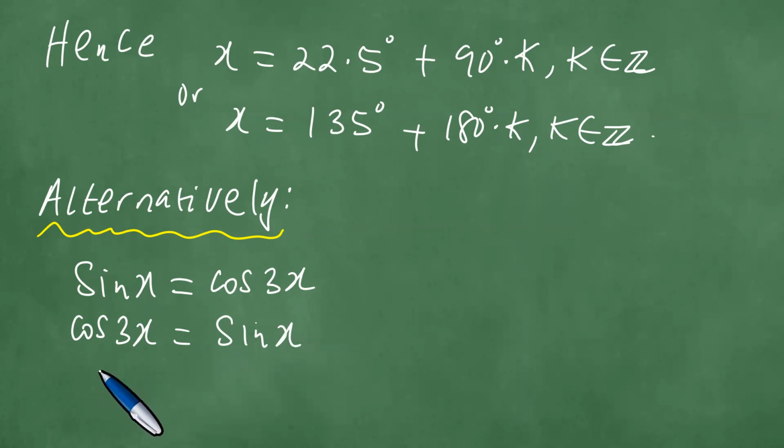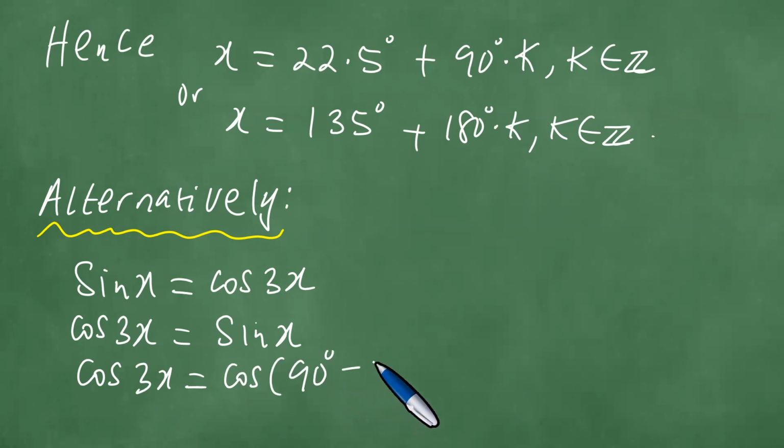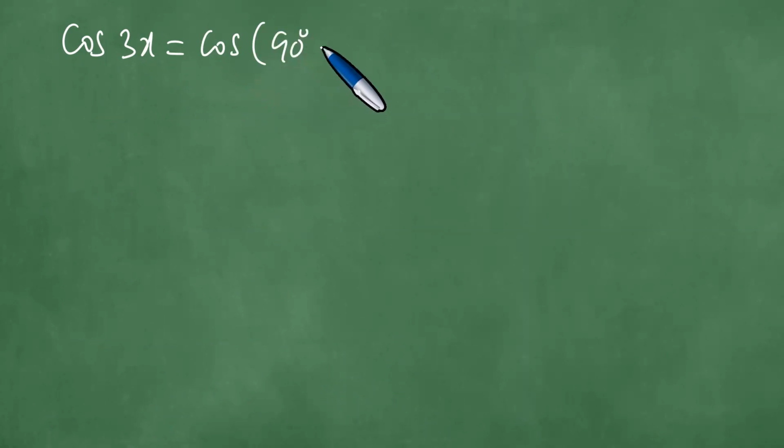By symmetry of the equality sign, this is true. And so this means we have cosine 3x equals cosine of 90 degrees minus x.